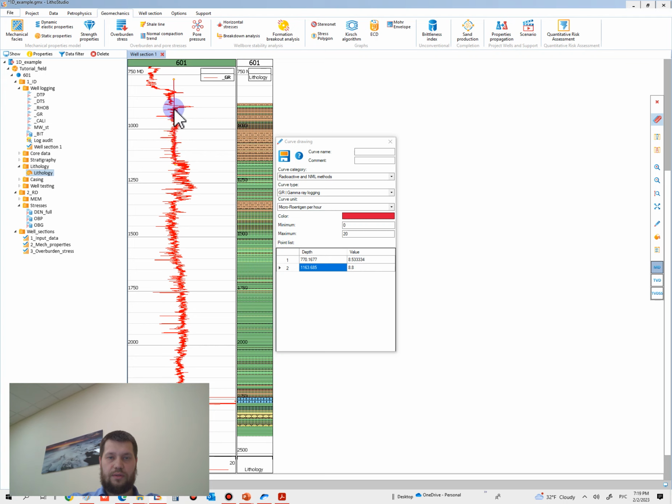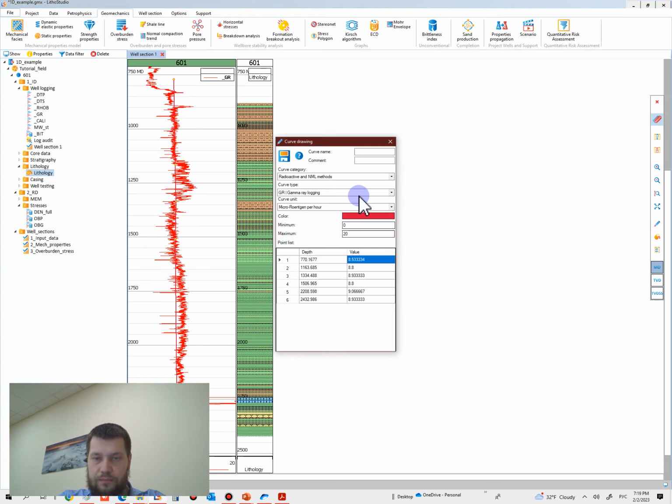On the left we will consider that there are sands, and on the right we will consider that these are clays. Okay, this is very coarse. Let's name it Shale line gamma ray.